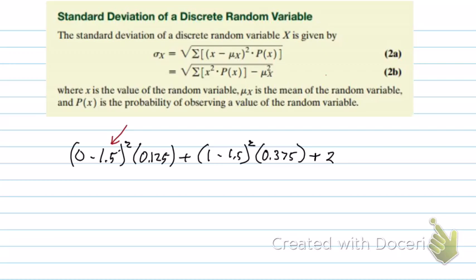Plus 2, got to subtract 2 minus 1.5 squared times the probability of 2, which is plus 3 squared. Let me scoot all this over.